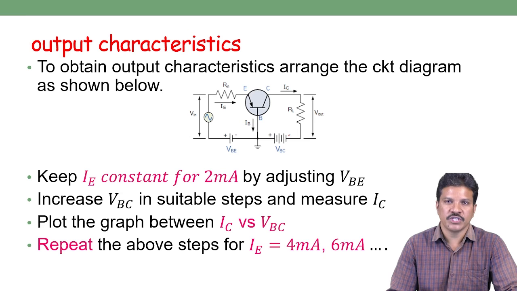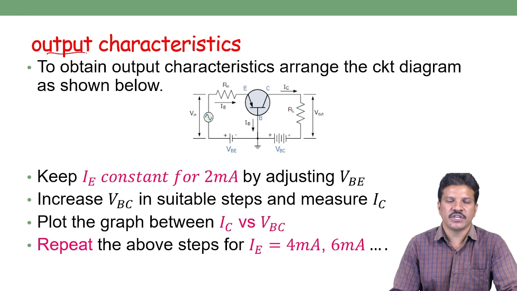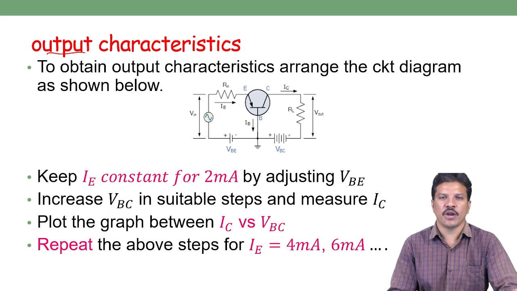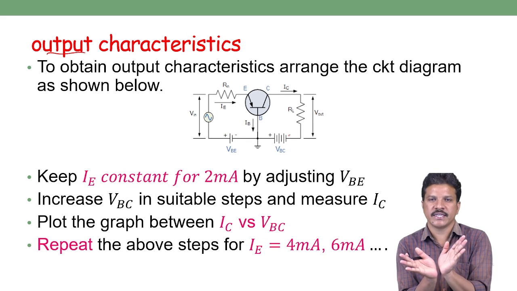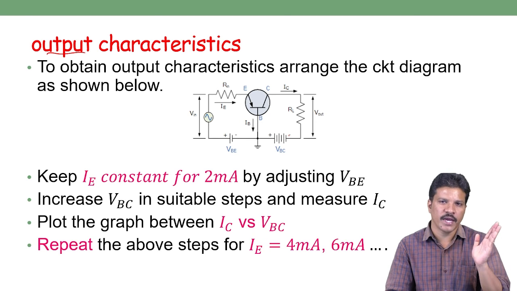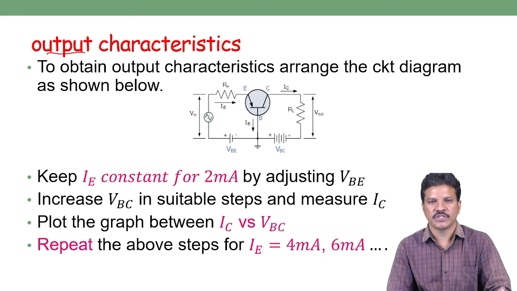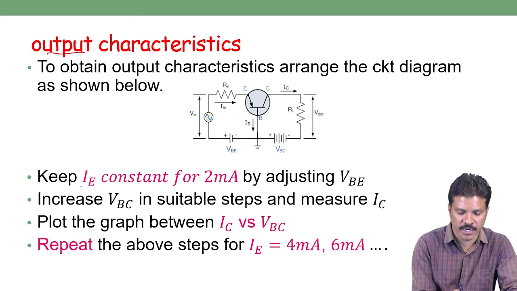Now, what is the procedure to achieve the output characteristics? We know the definition: it is a plot between output current and output voltage, keeping input current constant. First, see how to keep the input current IE constant.